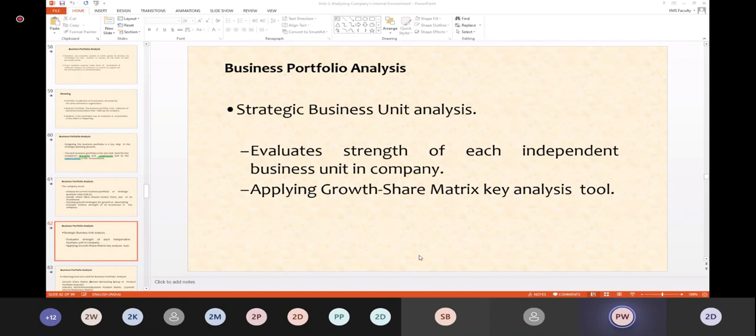Yes, sir. What is that? So market share means the ownership is distributed to the shareholders according to their investments. It will be distributed as equity shares, preference shares, and debentures like that. Okay.